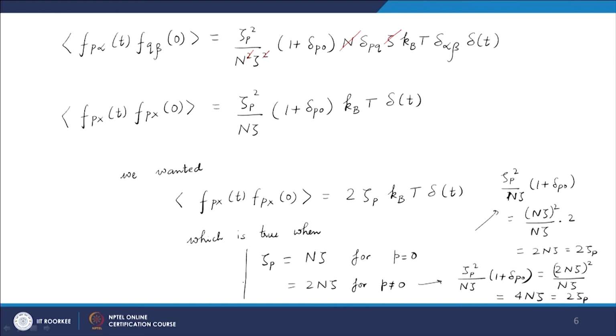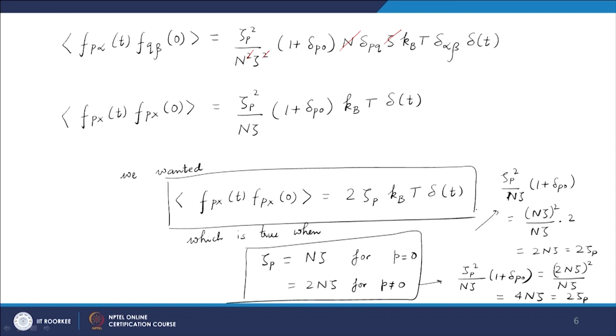Okay. So, if I have taken zeta p is equal to this, we get the relation that we wanted to get, and therefore, we have one way to identify the zeta p as well. I have already identified the relation for k p, and now we have the relation for zeta p.